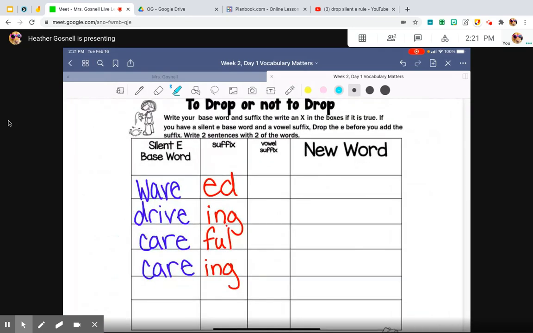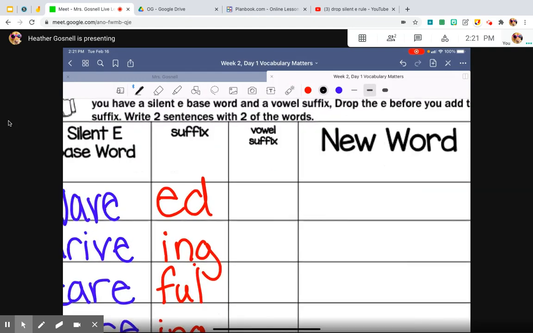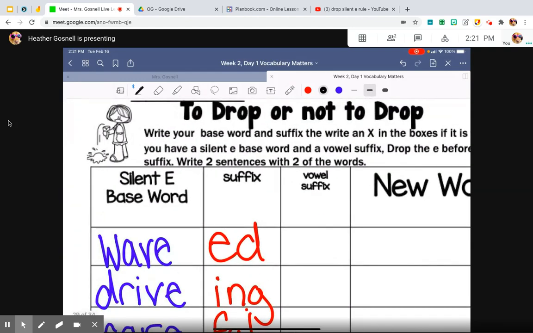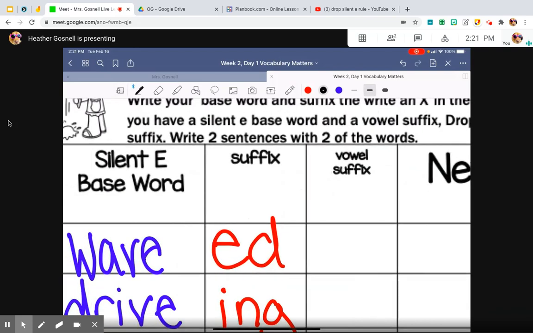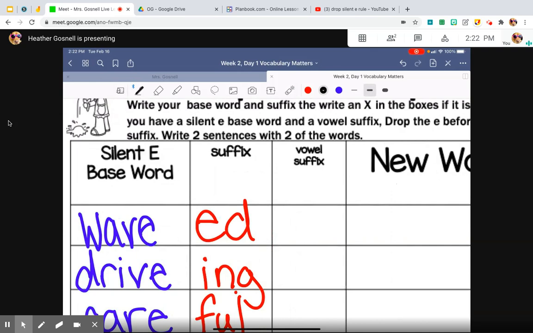Here I have base words in blue, suffixes in red. Let's look at the first word. The base word is wave. The suffix is ed. So if I put those together, I would get waved. And how would I spell that correctly?